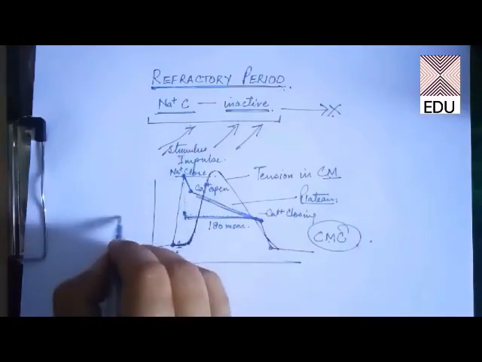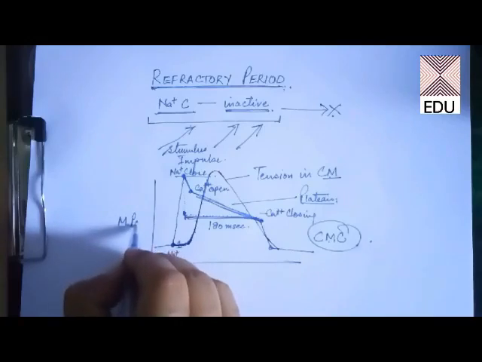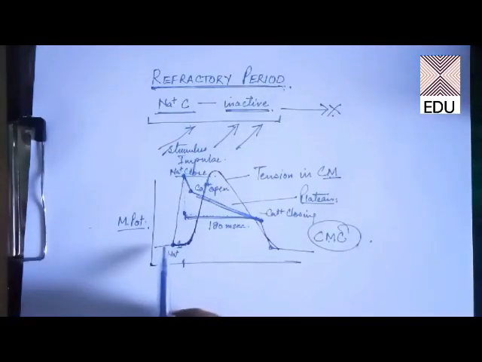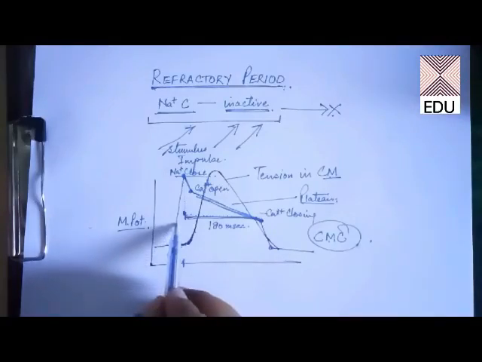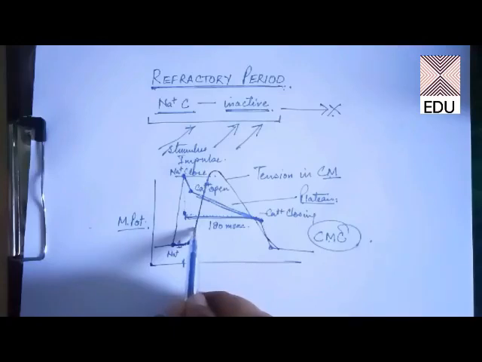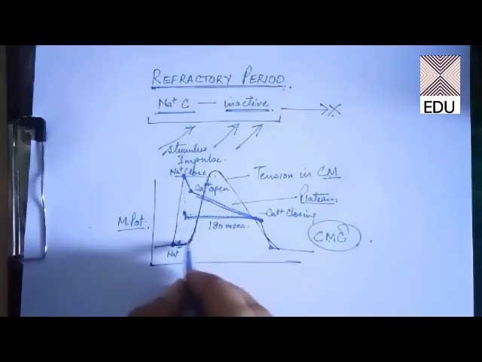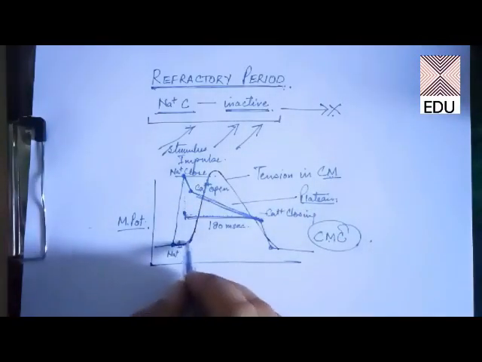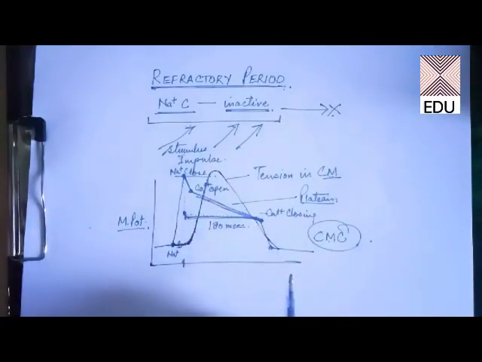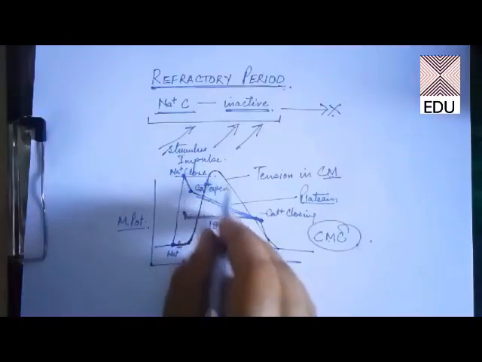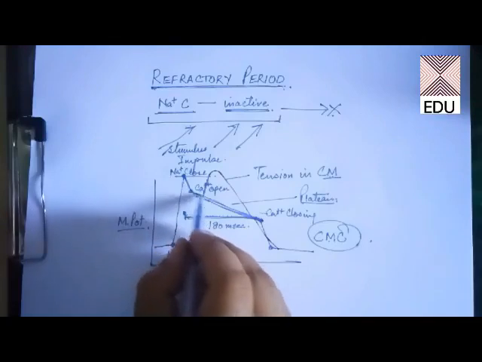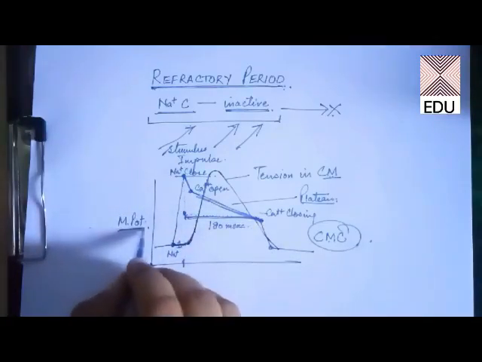This is the membrane potential. Just see the difference. This is the impulse, or this is the membrane potential, and this is the curve for the tension. Now if I take one tension of a cardiac muscle, suppose this is one beat of the heart, it corresponds to a particular wave of a membrane potential.